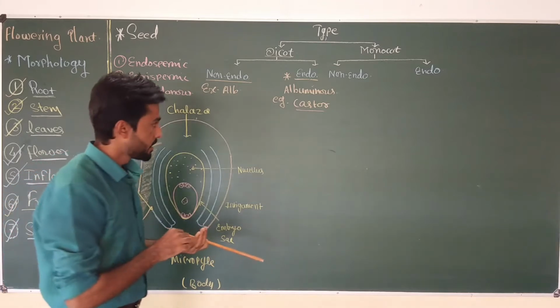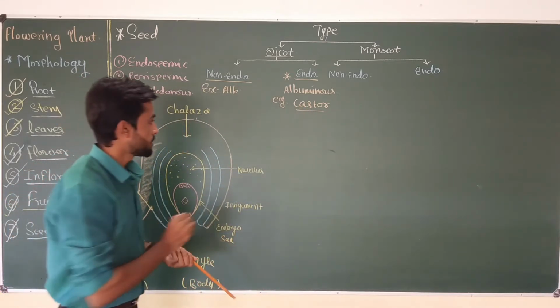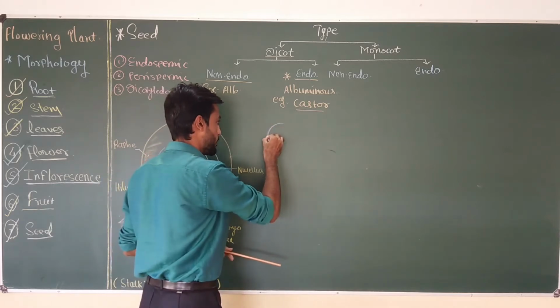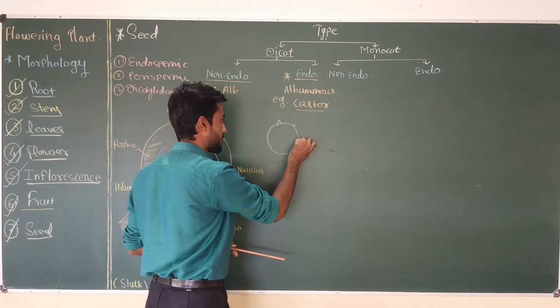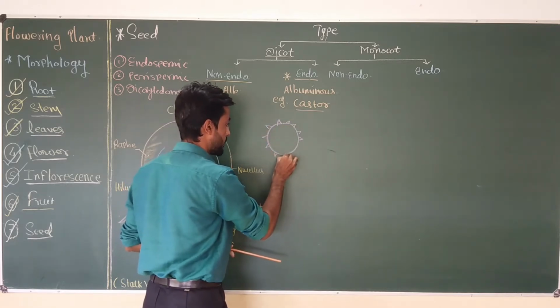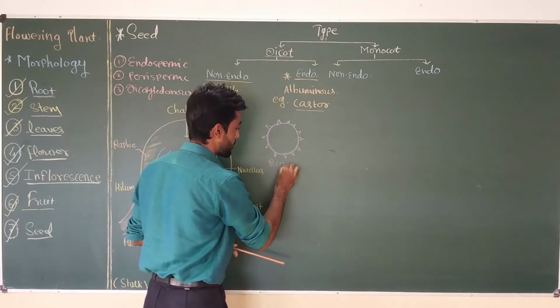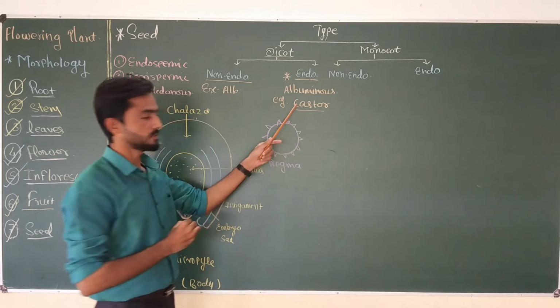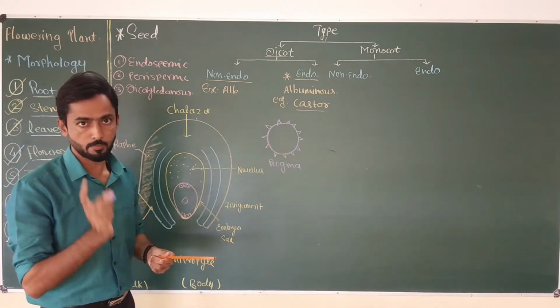Okay, so castor seed is produced in a fruit which is generally a rounded structure with spines. That means it is a spiny fruit, and we can call this fruit a regma. So castor seeds are produced in a spiny regma type of fruit.